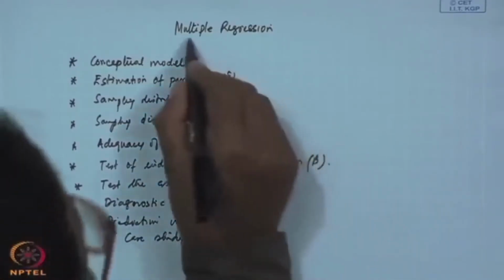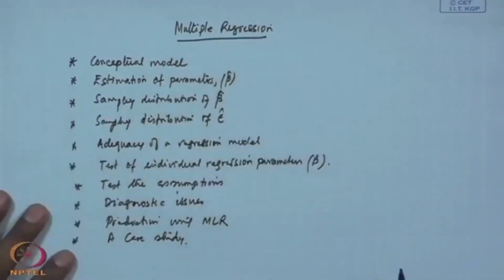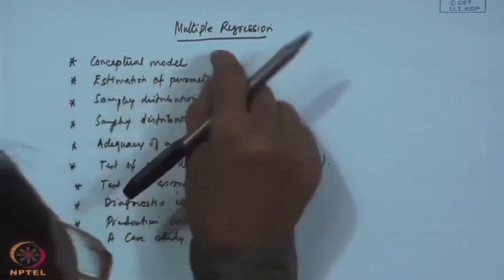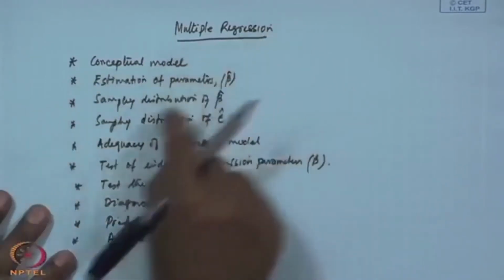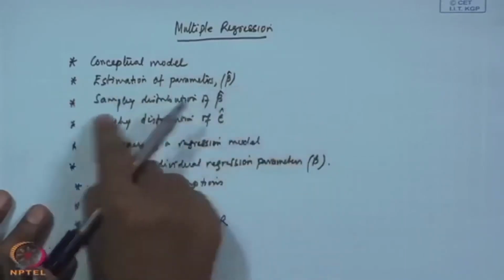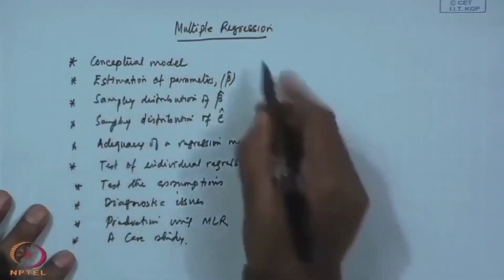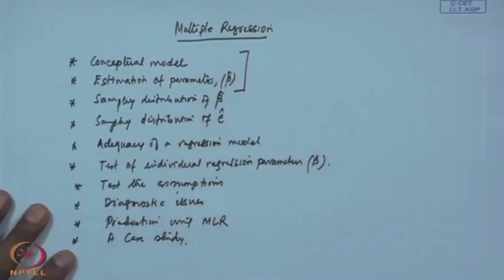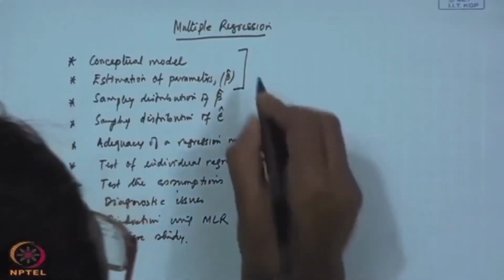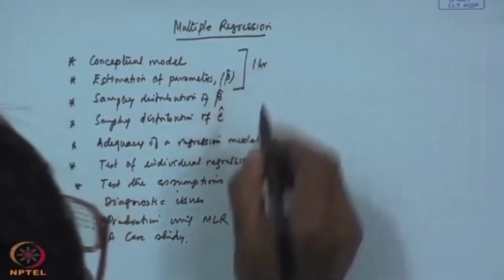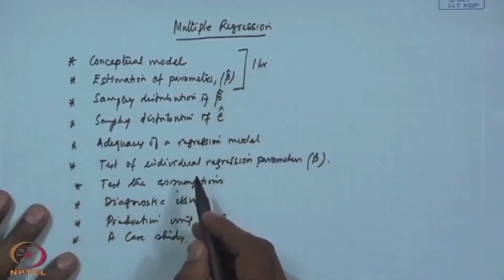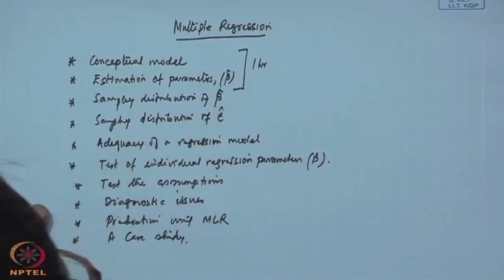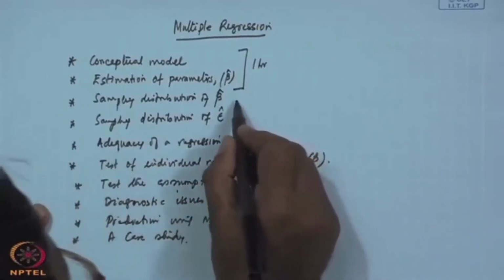So this in totality will be covered under multiple regression. So we will go by the first the model, then estimation of parameters, sampling distribution. I think today we will be able to cover conceptual model and estimation of parameters. I think this is for 1 hour. Then sampling distribution of beta estimates and sampling distribution of error estimate.